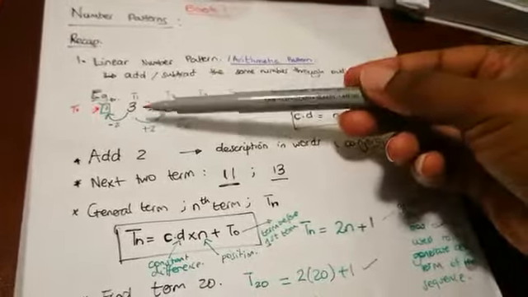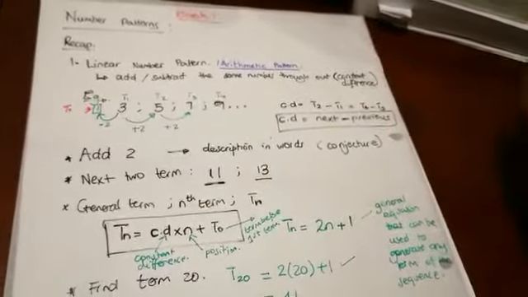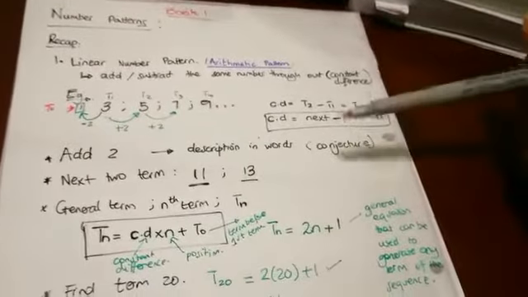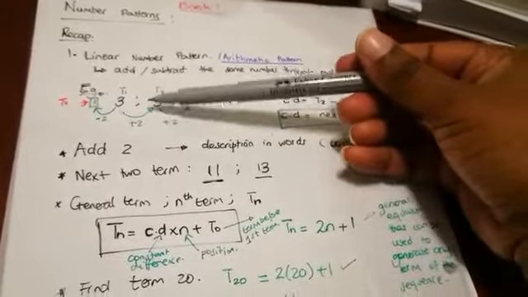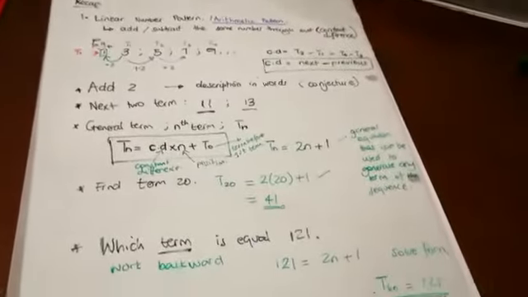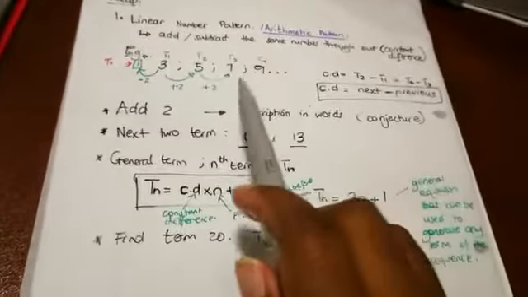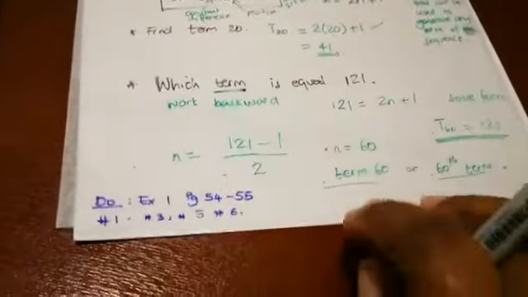It doesn't necessarily have to be whole numbers like this one. You can get fractions. So remember, the constant difference is the front minus the back one. Front minus back, then you get your constant difference. Even if it's a fraction, it's a quarter minus a half, then you get your answer.